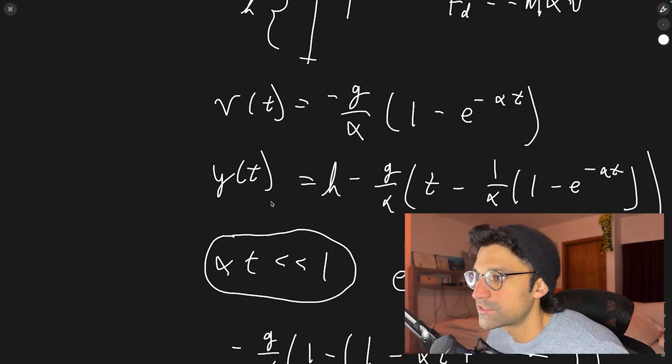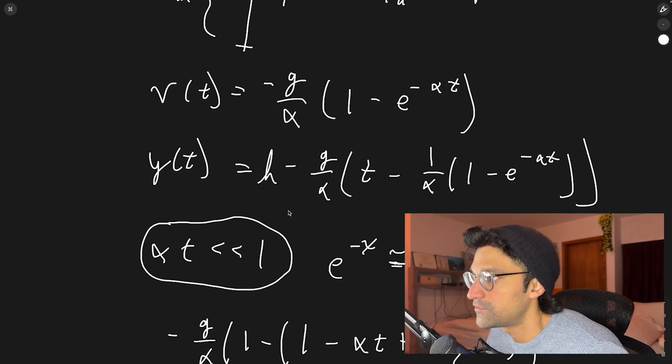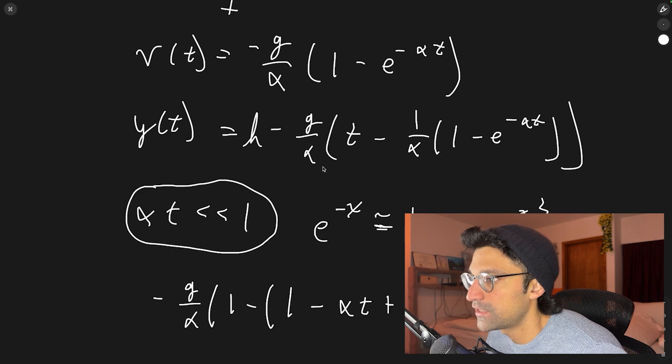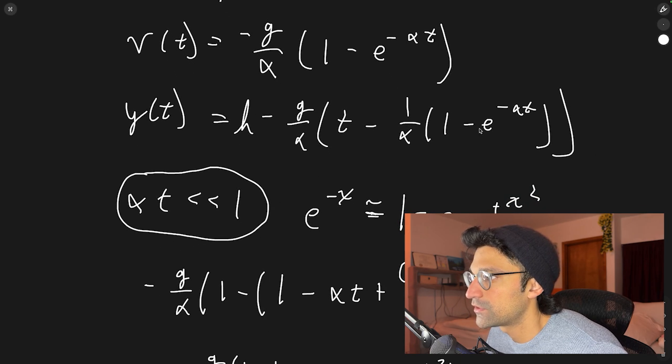So now let's examine y of t. Again, we can't just say that alpha is 0, so we'll have to expand e to the minus alpha t.